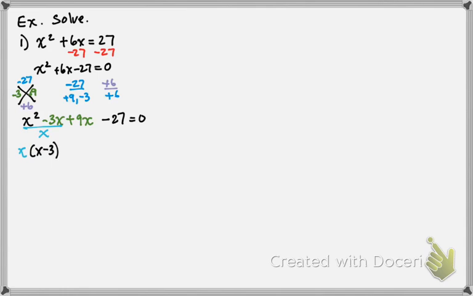Now again, a lot of people in their homework aren't showing me these steps, so I really don't know where your answer is coming from. So on the test, you're going to have to prove it out to me, so get in the habit of showing. So those two have a positive 9 in common. That's going to give me an x minus 3. Still an equation equals 0. So I get the miracle, x minus 3 gets factored out, leaving behind the second binomial that has x plus 9.